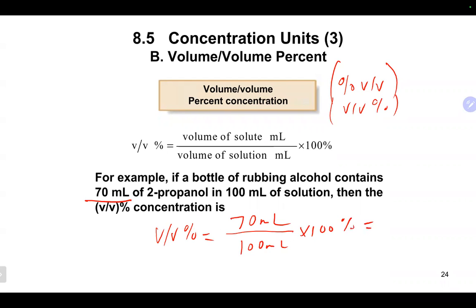So we take 70 divided by 100 times 100, giving us 70%. Rubbing alcohol, basically, volume to volume. Question on that one.